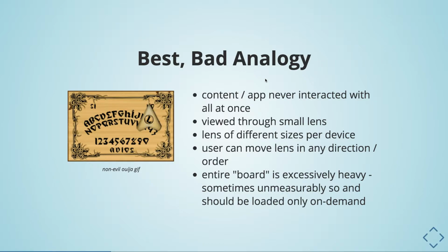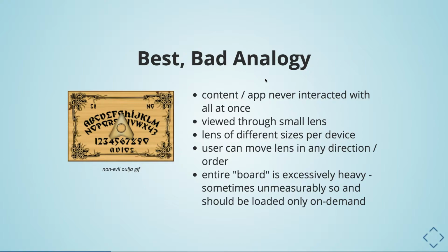So here's my best bad analogy, okay? On the left-hand side is a non-evil Ouija board, okay? Think about the viewport, right? The whole board is your content, your whole entire domain. No one ever looks at all of it at once, right? They're always looking through bits and pieces of it through this little viewport. And that viewport is of various sizes, right?